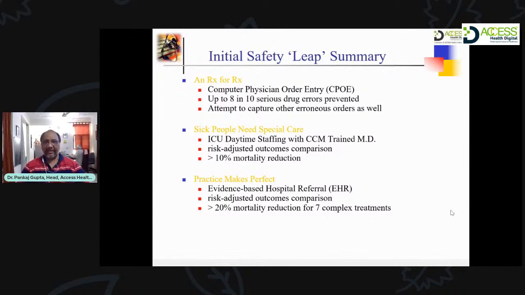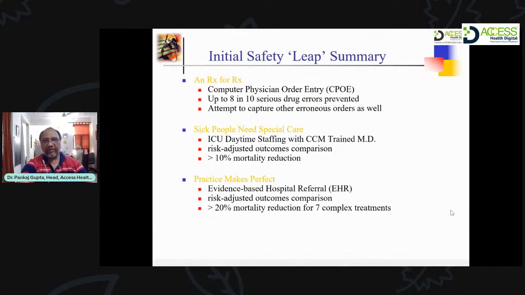The third thing they said was that any hospital based referral needs to be evidence based, and this evidence base needs to be based on EHRs. It was a path breaking change that came from the Leapfrog group, and they set in a whole lot of these standards to be followed for patient safety.